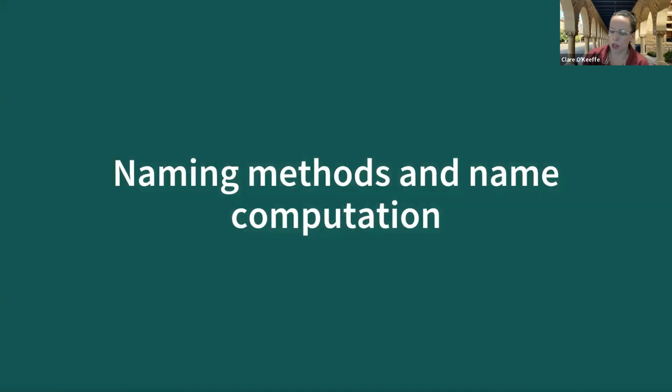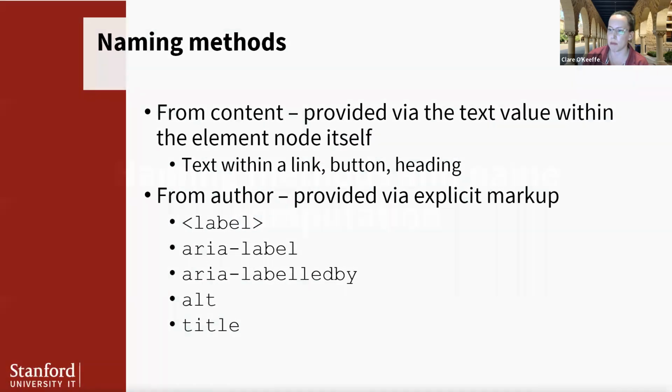So what are the methods of naming things? And how is the name computed or calculated? So there are multiple ways that you can name something. The first one is the element gets its name from its content, from the content or the text value that's within the element itself.